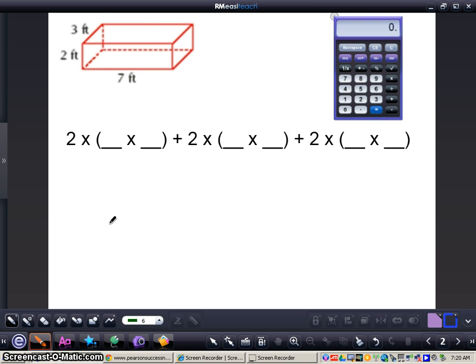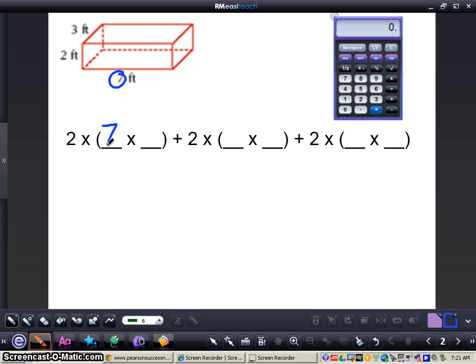So what I have here is the formula without the 2 times the length times the width plus 2 times the length times the height and so on. I'm just going to plug in the numbers. If you want to set yours up like this, it will be pretty helpful for you. What I like to do is take one number, so I'm going to take the number 7. So I'm going to write 7 here.